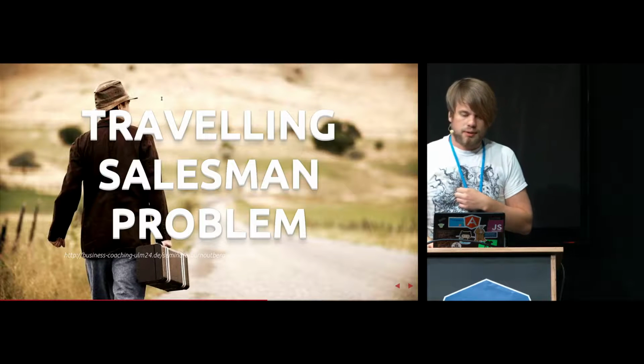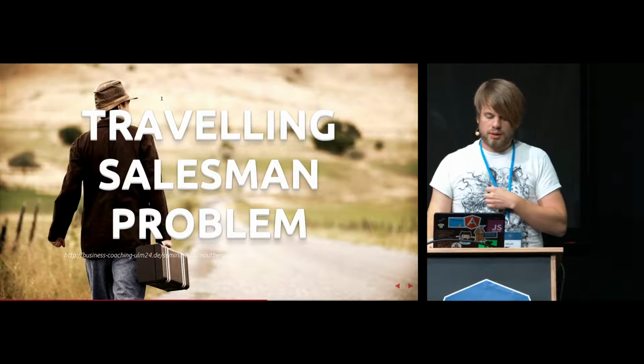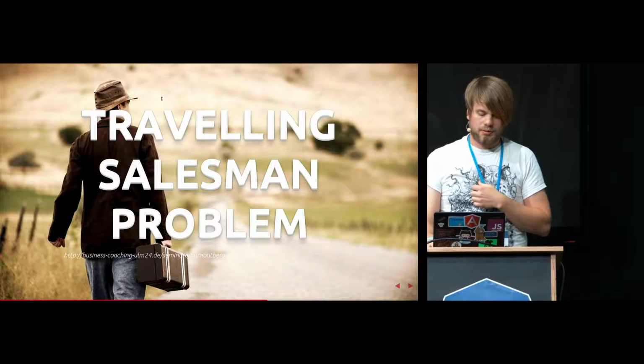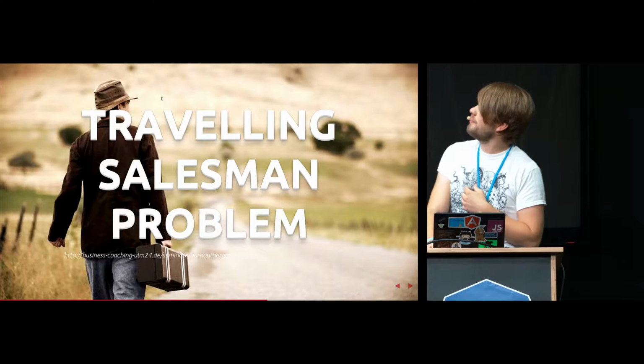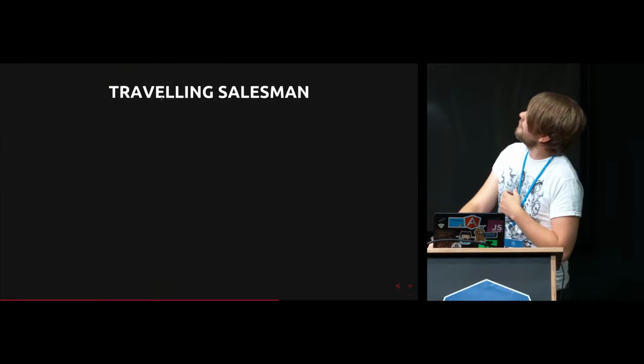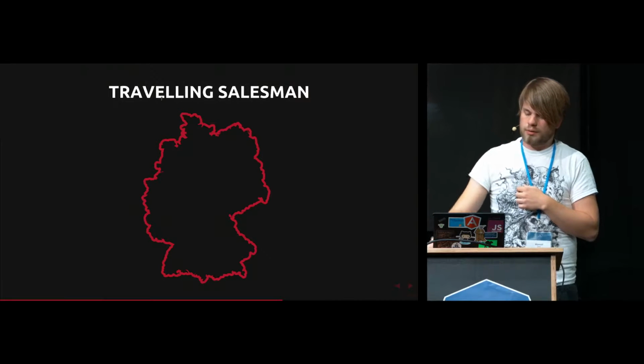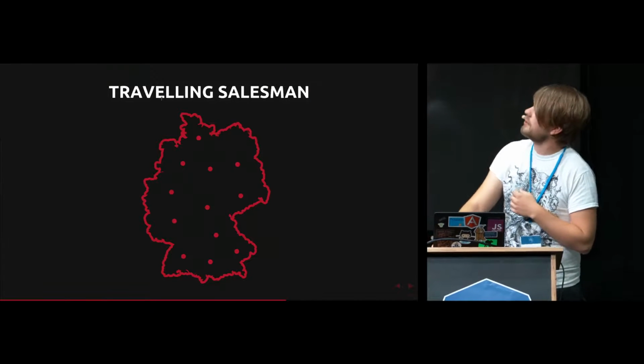I want to share with you another interesting problem that's been bothering CS people since forever, I'd say. We have a map, and on that map there are several cities, locations.